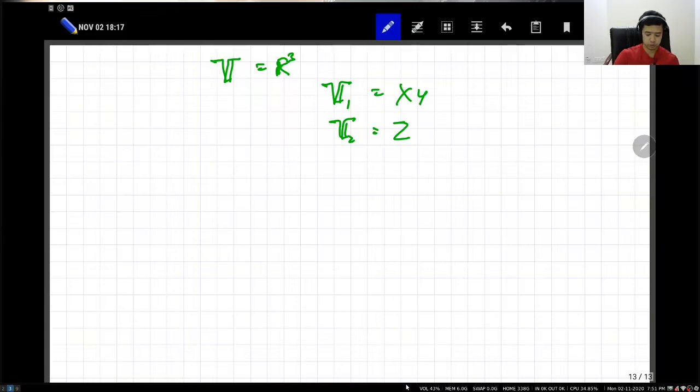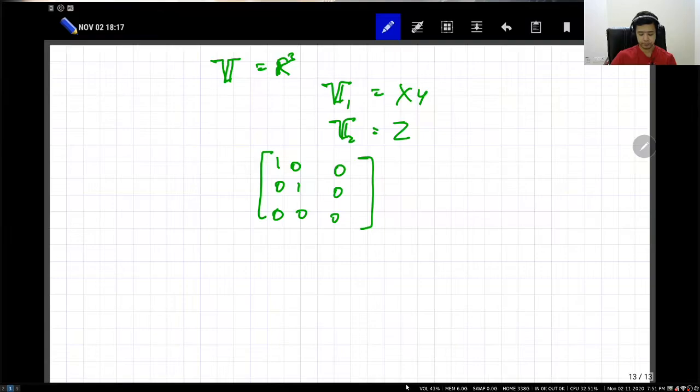So the projection of any vector onto V_1 is perhaps the matrix with rows 1 0 0, 0 1 0, 0 0 0.